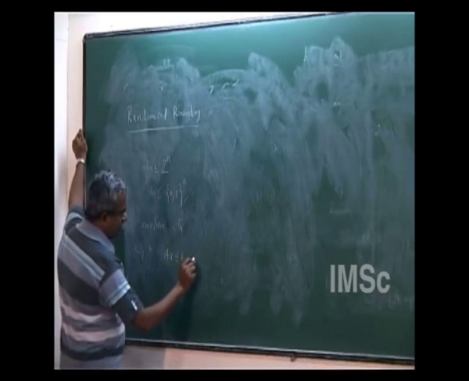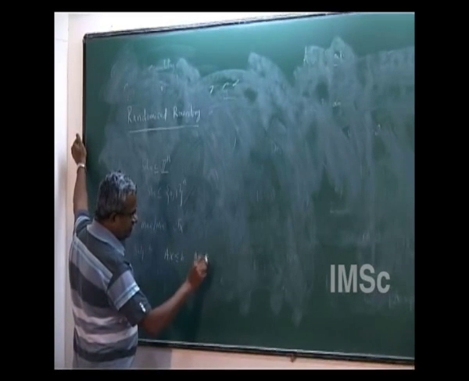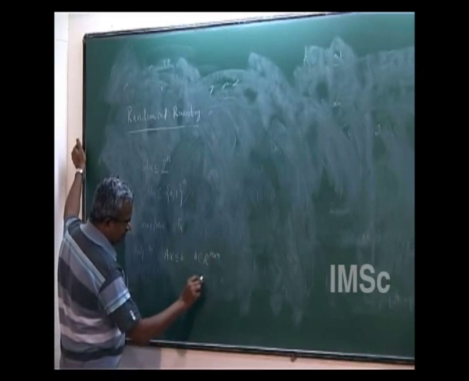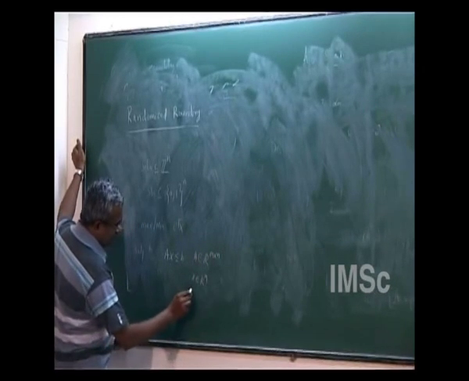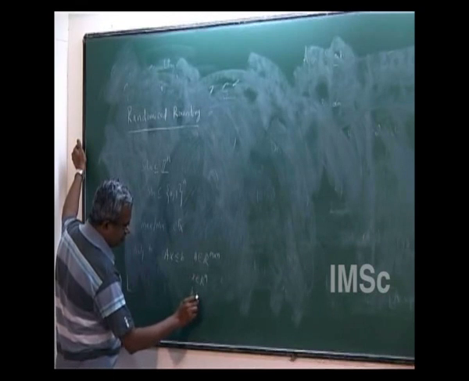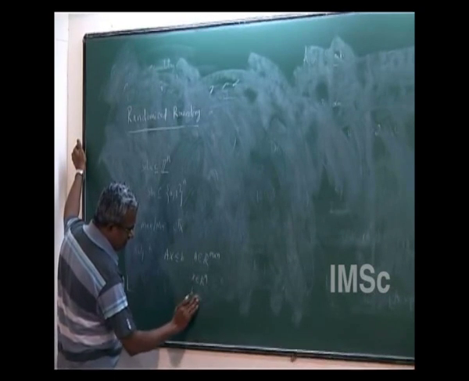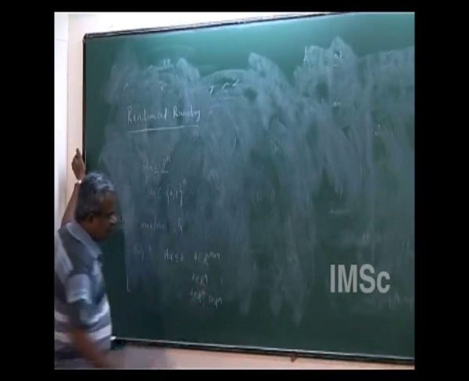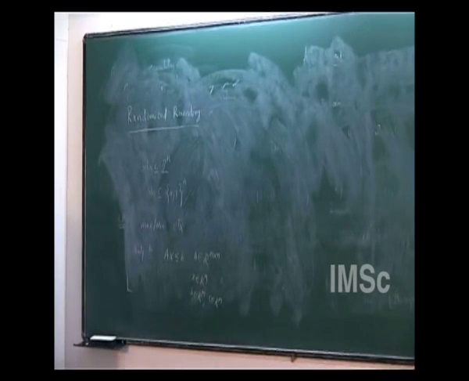So A is a matrix of dimension m by n, and x is a real vector, and b is a real vector, and c is also a real vector. This is in R^m and this is in R^n. So this is what we call a general linear program.